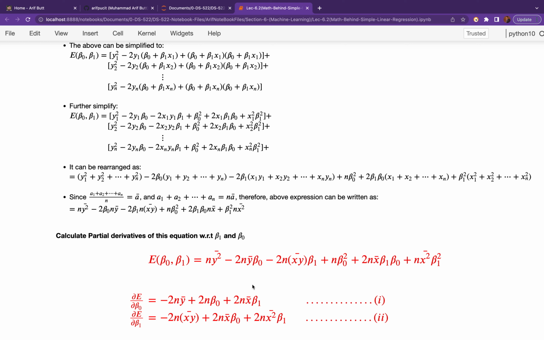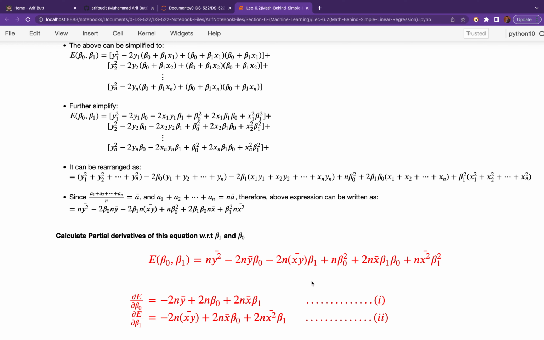Okay, so let us first calculate the partial derivative of e with respect to beta naught, which is written in equation 1. You note that all the terms which do not have beta naught are considered constants, and the derivative of a constant is 0. And the terms where we have a beta naught, for example, over here, and over here, these three terms have beta naught.